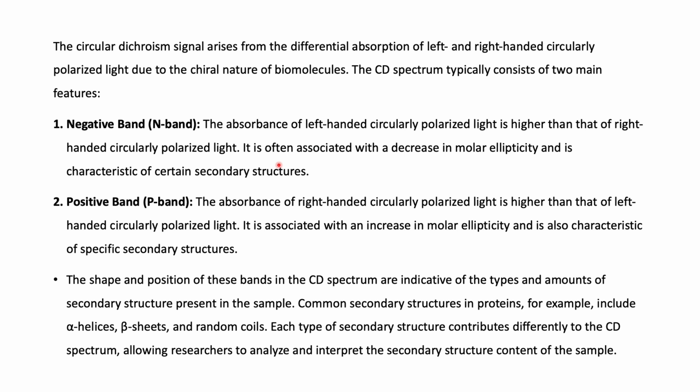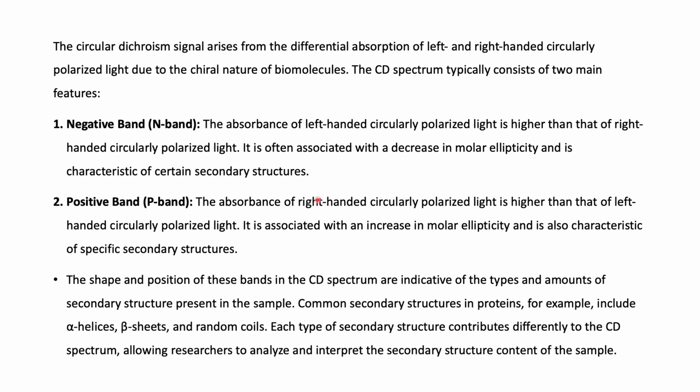It is often associated with a decrease in molar ellipticity and is characteristic of certain secondary structures. When the delta epsilon value is negative, the molecule is less elliptical. A positive band is where the absorbance of right-handed circularly polarized light is higher than the LCP. It is associated with an increase in molar ellipticity and is also characteristic of specific secondary structures.